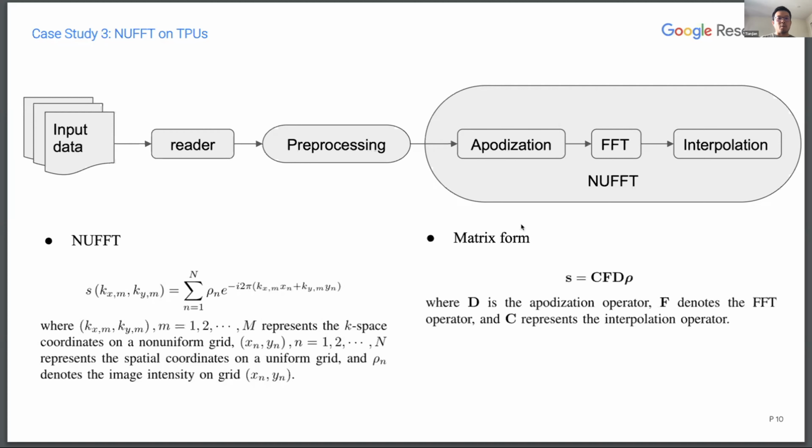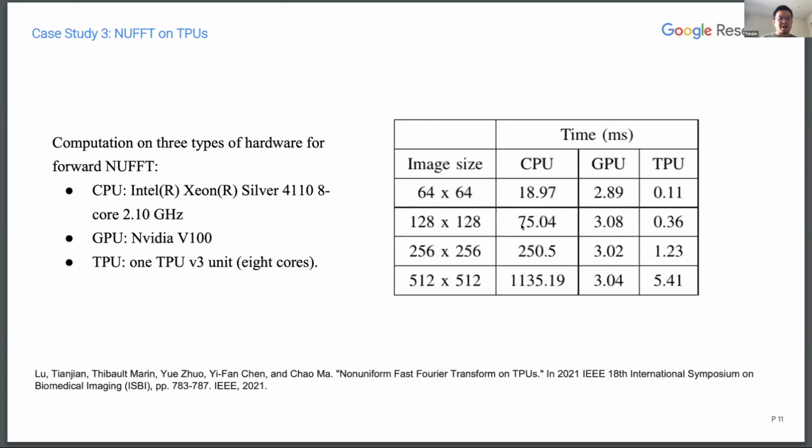So we also utilize the one-shuffle scheme. For the NUFFT, we have compared the runtime on TPUs with the runtimes on the other 2 types of hardware platforms, CPU and GPU. This table shows the NUFFT on various sizes of image, for CPU, GPU, and TPU.